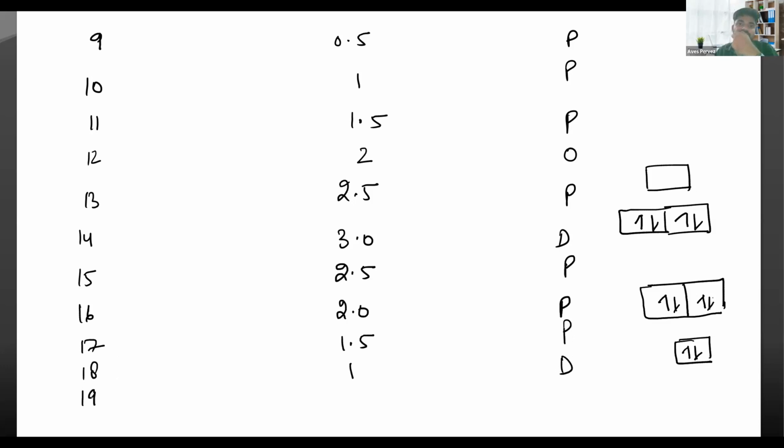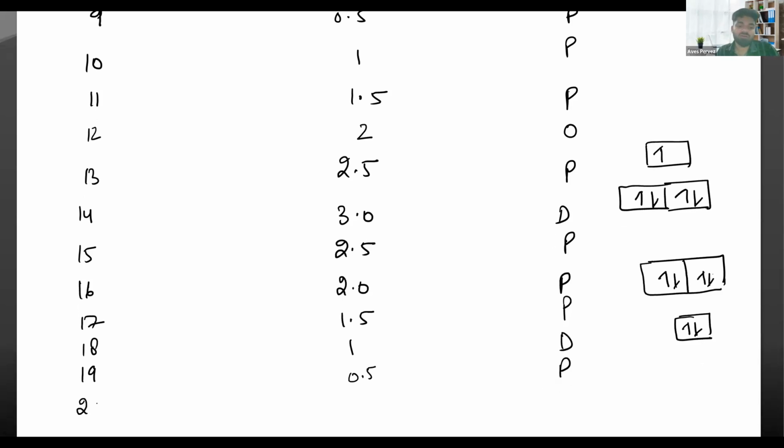For 19 electrons, the electron will jump into this one, and again the bond order will decrease by 0.5. Here there is one unpaired electron, so it is paramagnetic in nature. And then for the 20th, it will have 0 bond order because it is filled like this and it is diamagnetic. Got it?